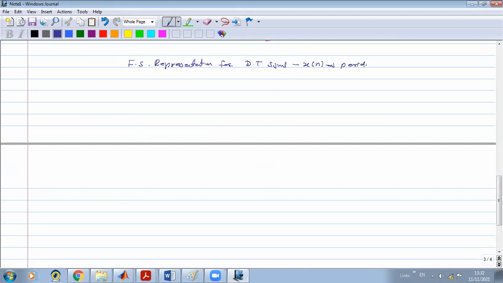Here x[n] equals the sum, and we have a finite number of samples, k from 0 to n minus 1, of c_k e^(jk omega n).